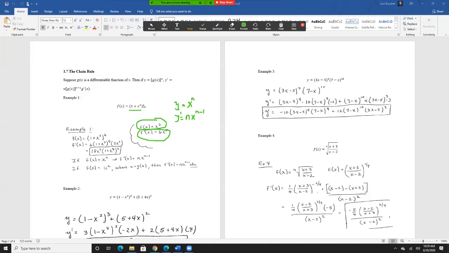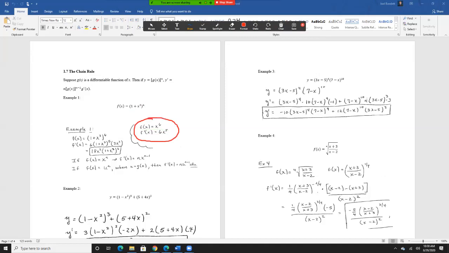And although x is a function, we typically separate it and view it in a different light when we talk about the chain rule. To repeat that, if you have x to the power of n, then the derivative is simply n times x to the power of n minus 1, which is exactly what we see here.